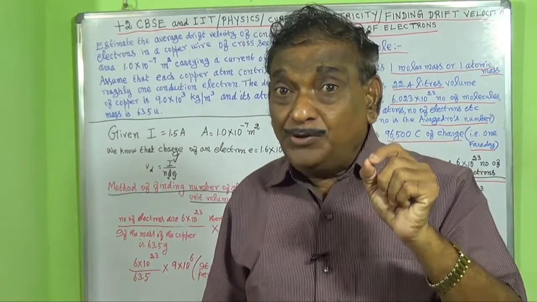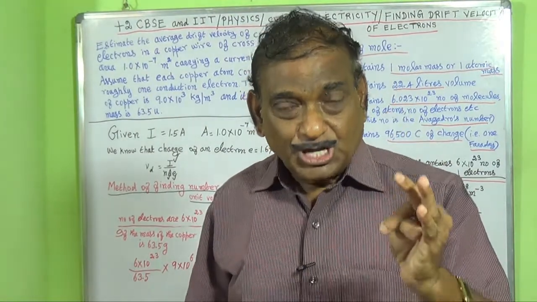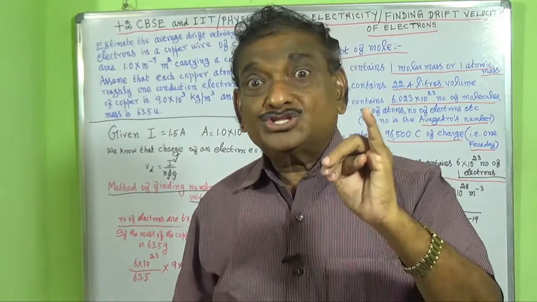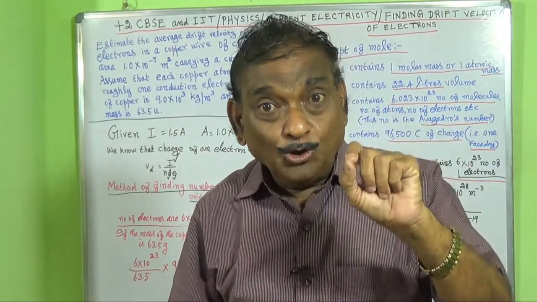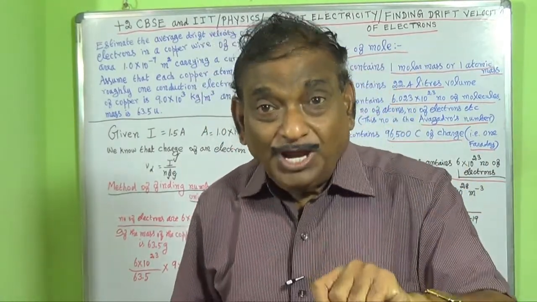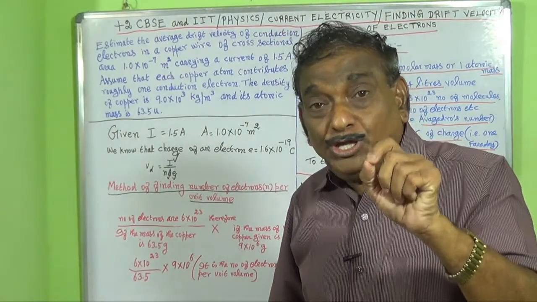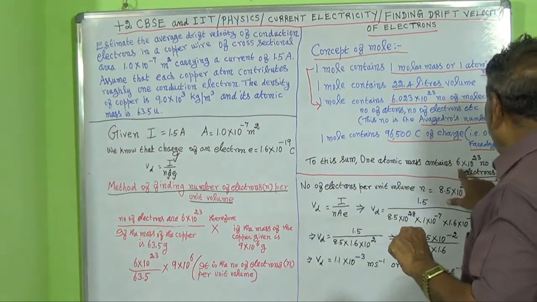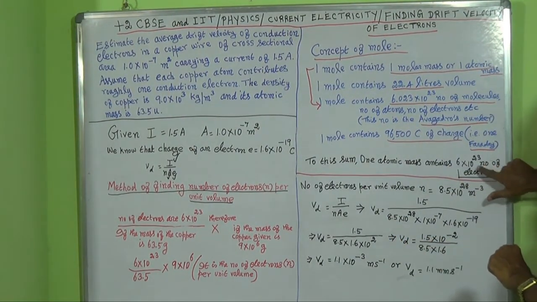There are 5 data here: mole, mass, volume, number of electrons and the charge. Of these 5 data, if we know any one, we can change it into any other. In this sum, we are going to apply that one atomic mass contains 6 into 10 to the power of 23 number of electrons.